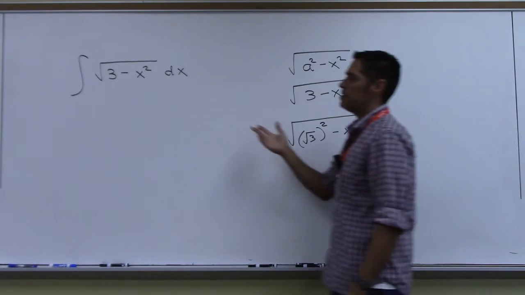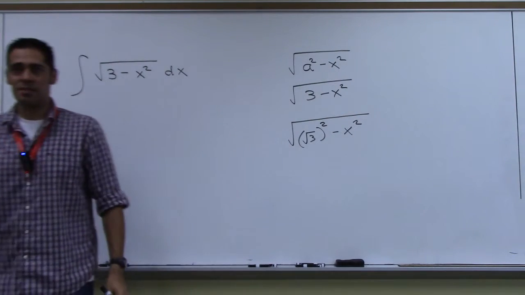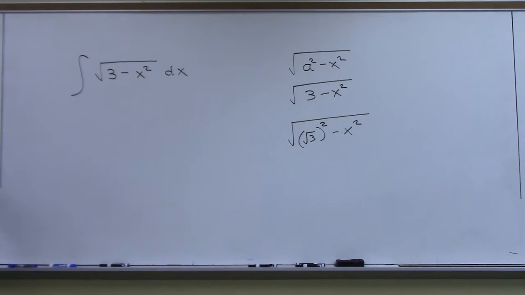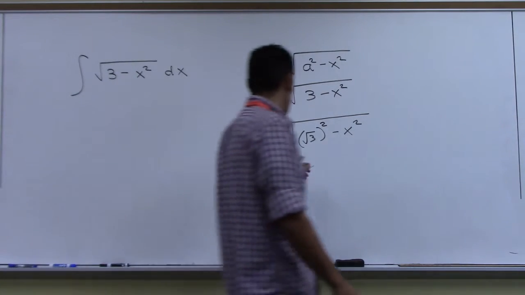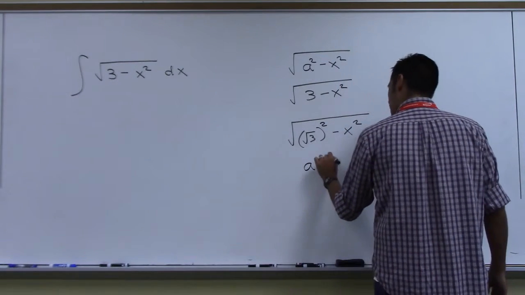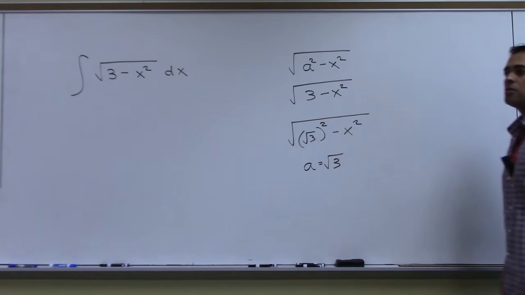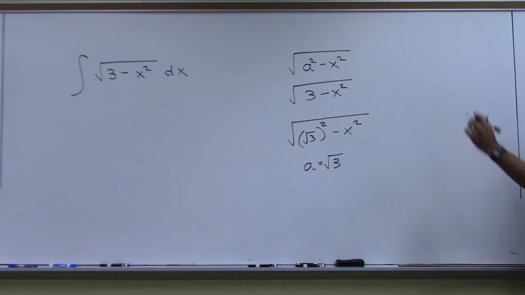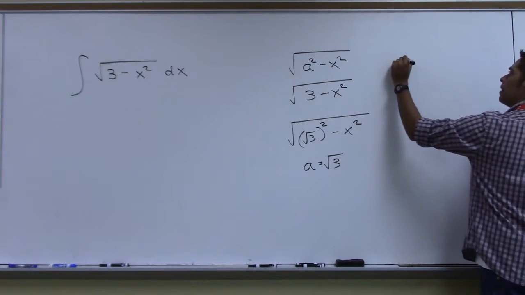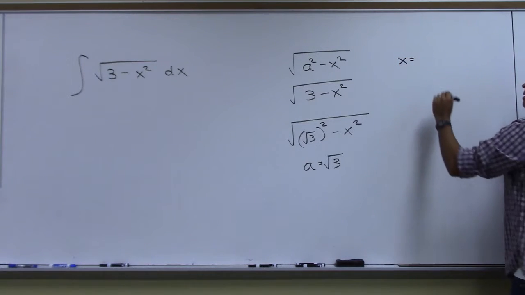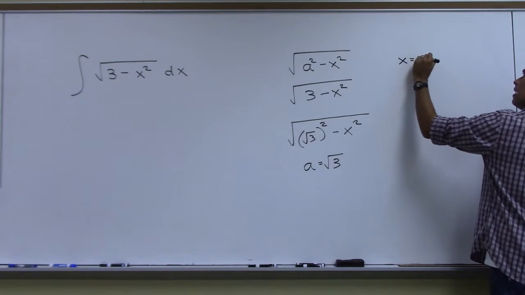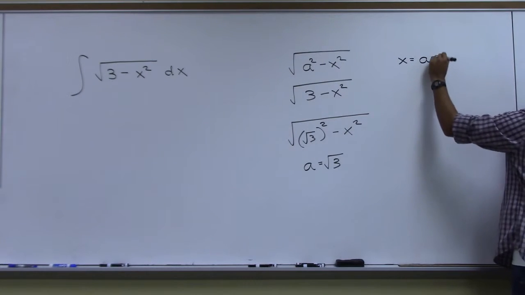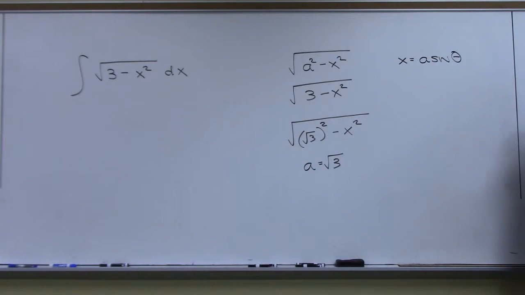It just so happens that that's not a perfect square, but that doesn't stop us from being able to use the formula. So for us, a is root 3. What is the substitution that we make in the case that we have this? X is a sine theta.